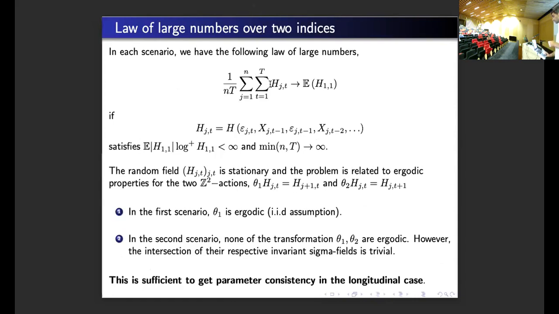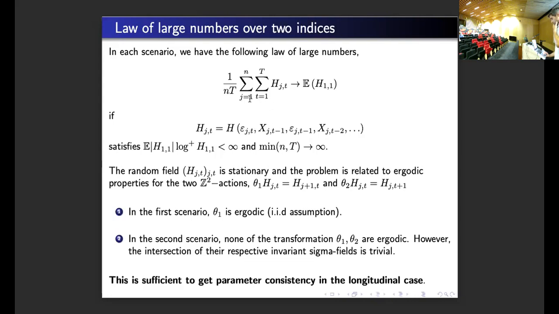We have a process which is indexed by two parameters in the partial sum of the pseudo-likelihood method. Typically, we have this kind of representation of the functional. Then it simply remains to get the law of large numbers for this kind of quantity, which is typically stationary for the double indices. So there is a result.